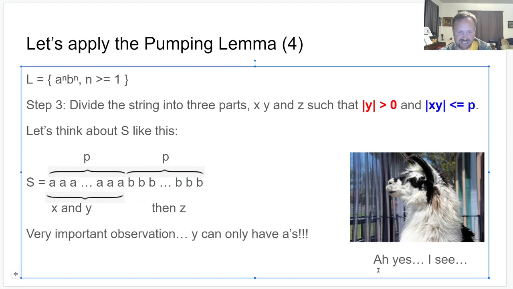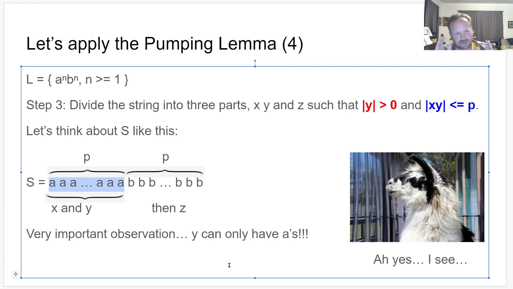Now as we divide this string up, they have to be in order: X, then Y, and then Z. Now Y has to have at least one character. X can be empty, it can be however big, but look at that second condition in blue. It says that the length of X and Y together must be less than or equal to P. So that means it has to be from the first P characters. And since Y has to have something, Y can only contain A's.